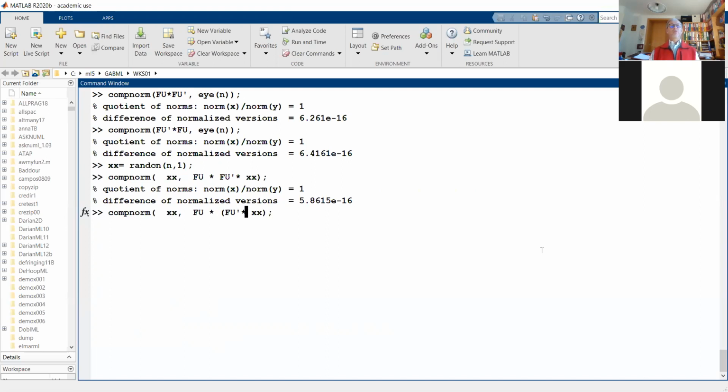But what you know from general associativity of matrix multiplication, you can either say I'm forming, which is very cumbersome, the matrix multiplication FU with FU prime, or I'm doing first matrix multiplication on the vector and then another matrix multiplication. This is a side remark. You see, it's done in a different way, and if you would do timing, maybe you can try it.